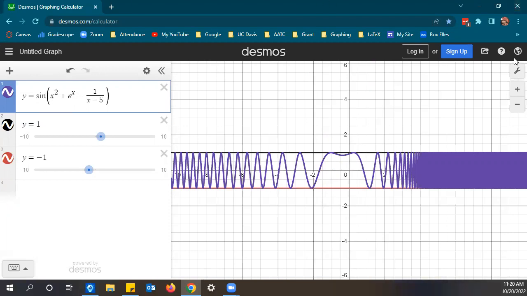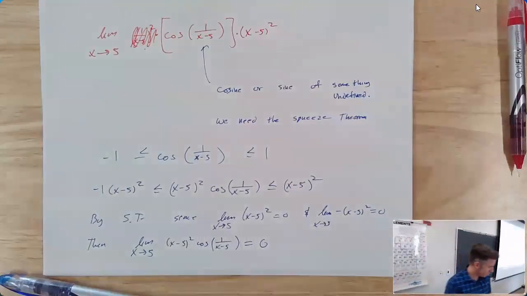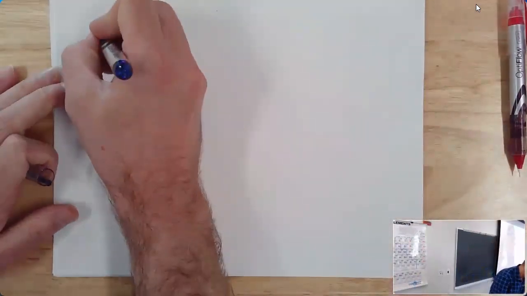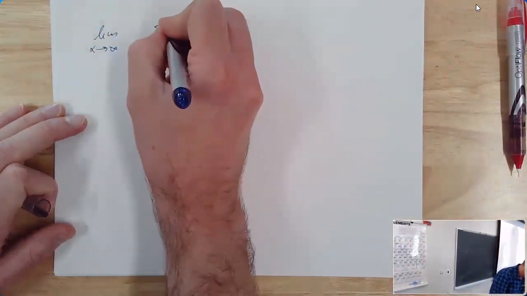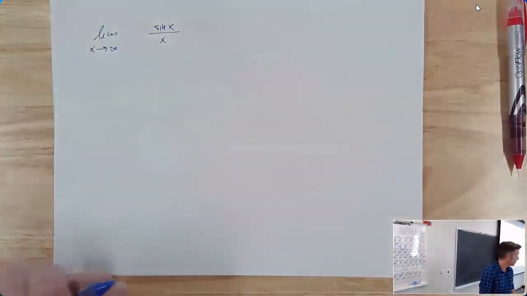I can't see how this is always useful when x is going to infinity. Well, for example, a more typical squeeze theorem question for infinity is something like the limit as x goes to infinity of sine of x over x.